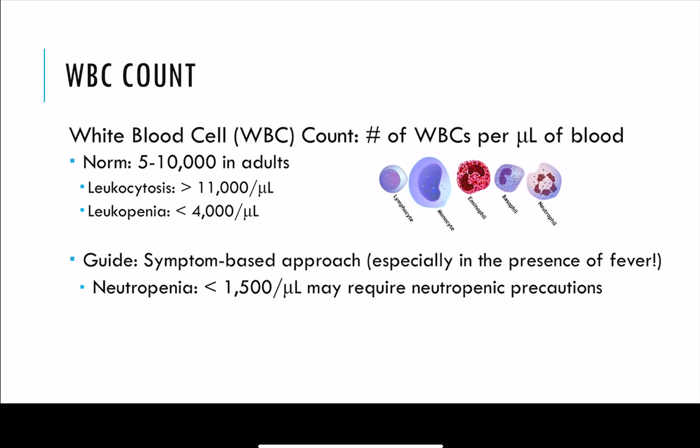So the normal range is 5 to 10,000 white blood cells per microliter of blood. And this is the normal circulating level when the body has a healthy immune system. It is capable of defending itself should it be invaded, but it certainly doesn't appear to be invaded right now, right? It's kind of in a resting state.